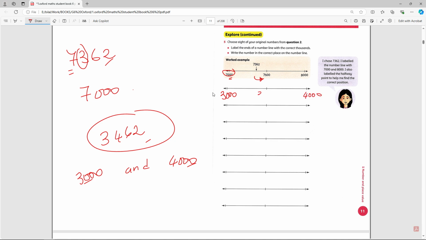So in between, of course, it's going to be 3,500, and then this number is 462. So it's somewhere in here. We're going to have 1, 2, 3, 4, 5. It's going to be here after 4 because we have 462. So the number is going to be here. And look, notice that it's smaller than 3,500, which is closest to 3,000. To 3,000 closest, or the nearest. So none of this matters since we did it before.